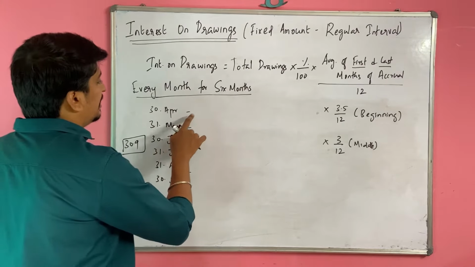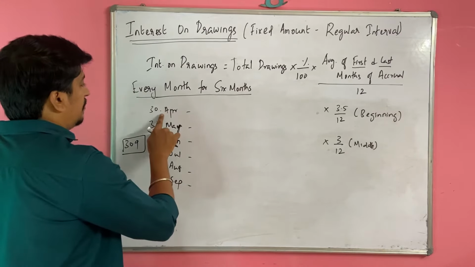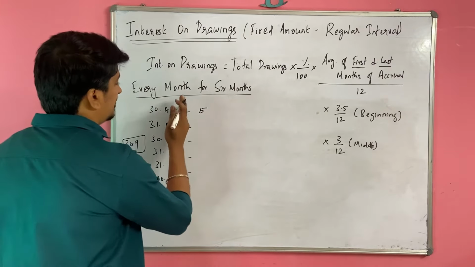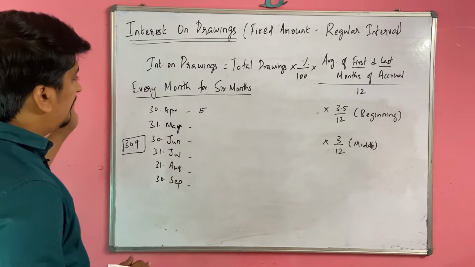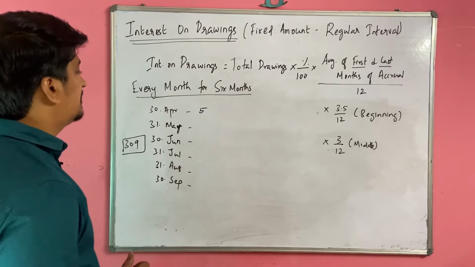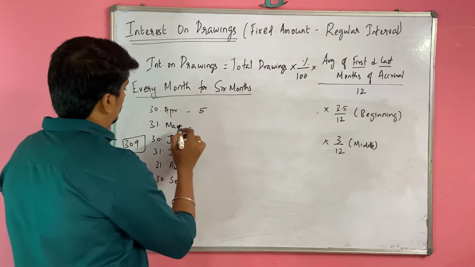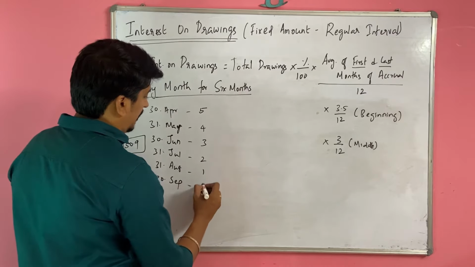Now let's calculate months of interest accrued for each drawing. For the amount drawn on this date, it is exactly 5 months because April is over. At the end of April he takes, we cannot include April since it is over. Remaining 5 months he has to pay interest for this amount. Then for the next amounts he has to pay 4, 3, 2, 1, 0.